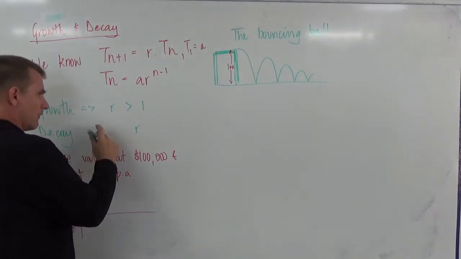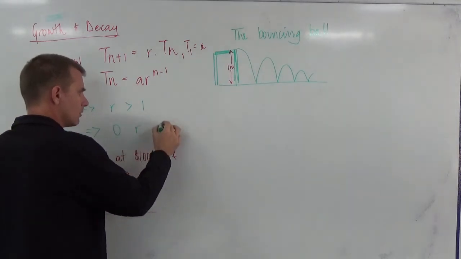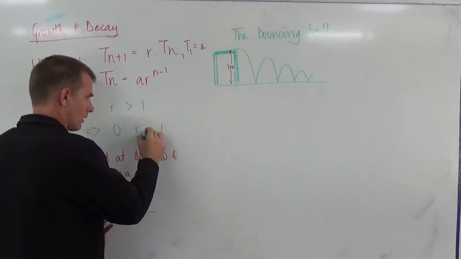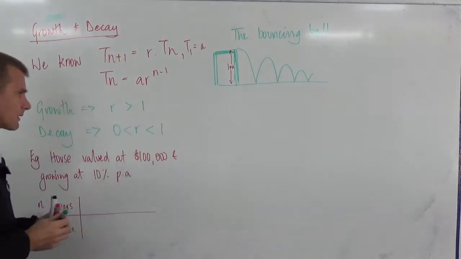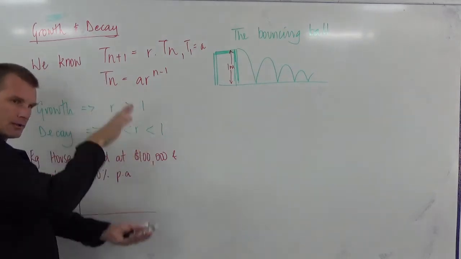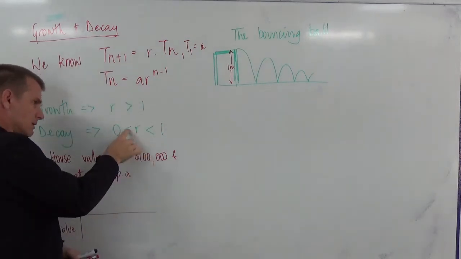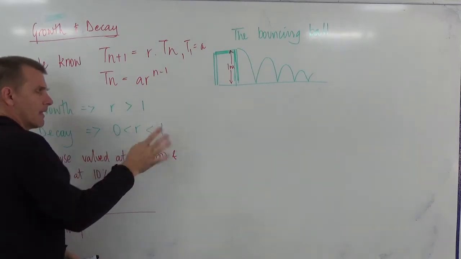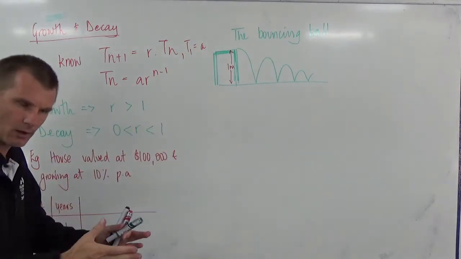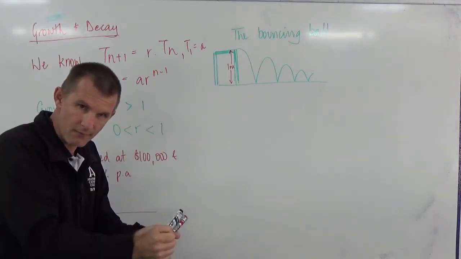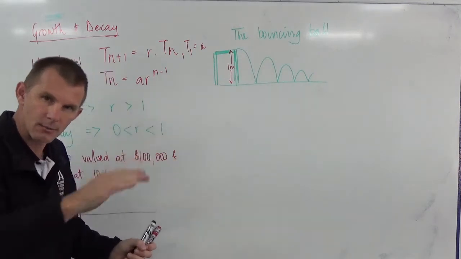If R, however, is between 0 and 1, okay, let's get our signs the right way. It would be this and this, because that's saying that R is greater than 0 and R is less than 1. Now that makes sense. Between 0 and 1, the numbers are going to stay positive, but they're going to get smaller.